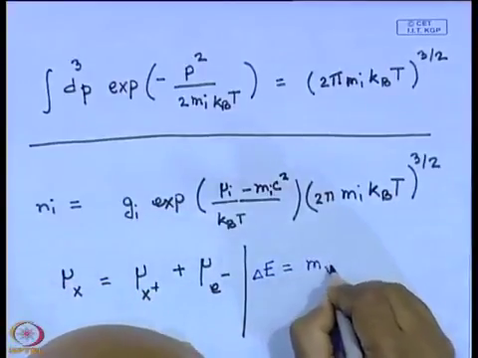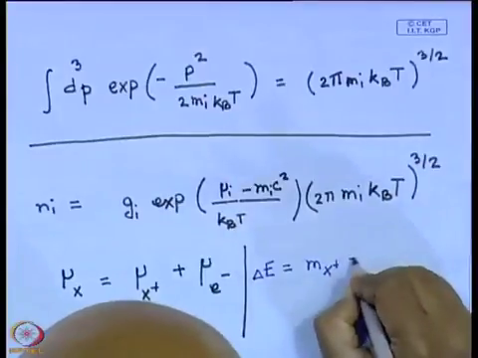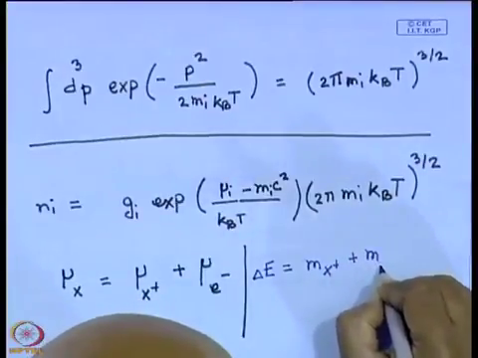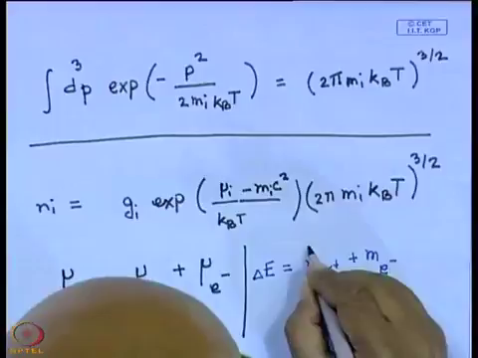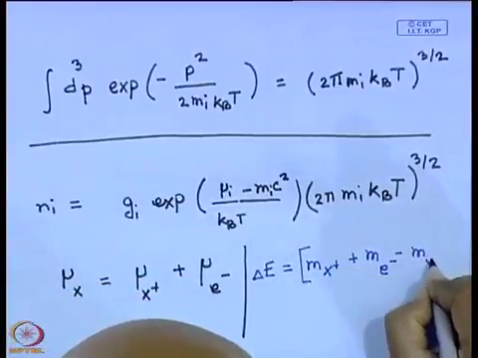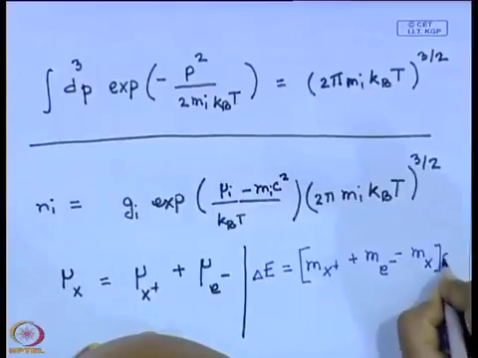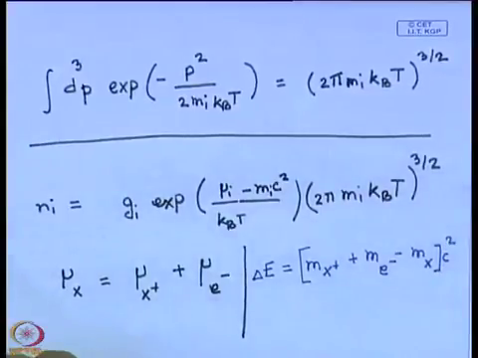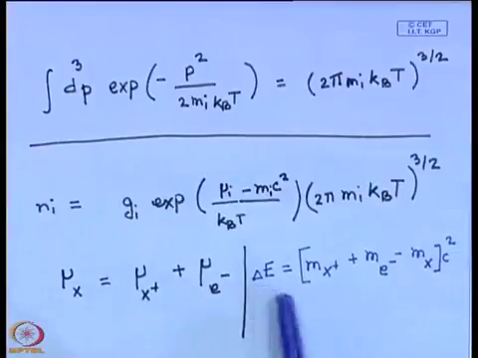So, if this is the energy required to ionize the atom, this is equal to the mass of the ion plus the mass of the electron minus the mass of the atom, into c squared. So, this difference is the energy that is required to ionize the atom, that is the ionization potential delta E. Okay.